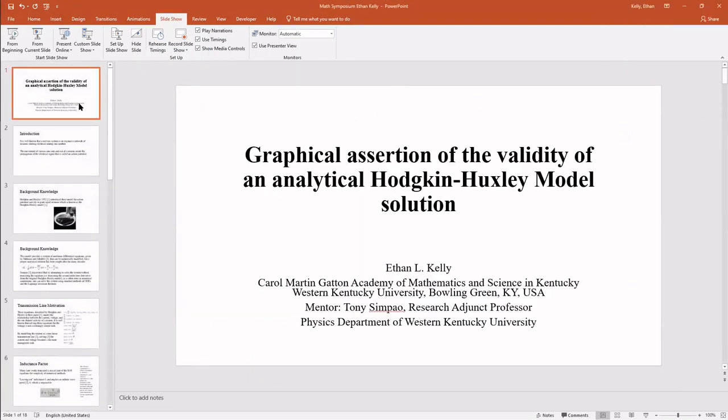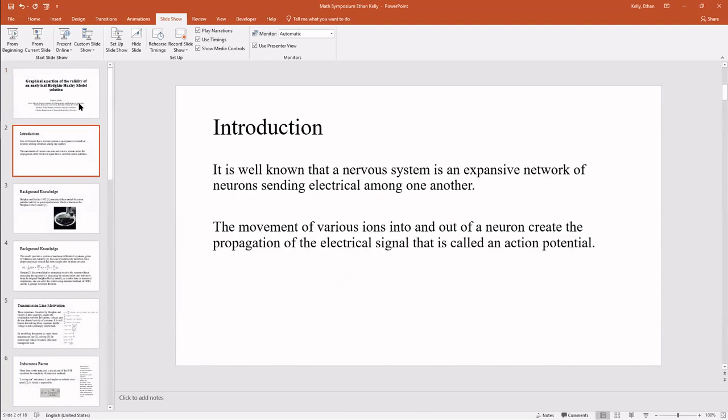So this is my presentation on a graphical assertion of the validity of an analytical solution to the Hodgkin-Huxley model. Most of you know that a nervous system is an expansive network of neurons sending electrical signals back and forth. These electrical signals create very complex behavior, as we know in humans, and it's quite useful to be able to model such a thing. The movement of ions into and out of the neuron creates the electrical signal, which is called an action potential.